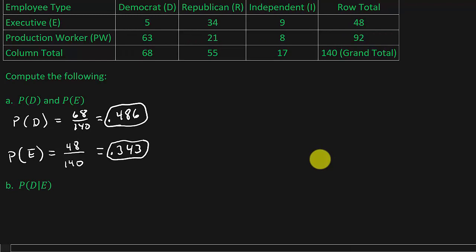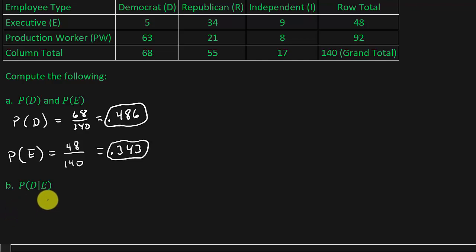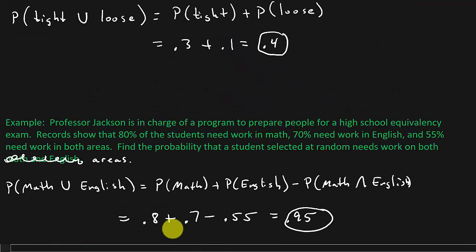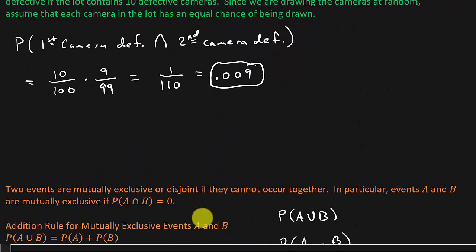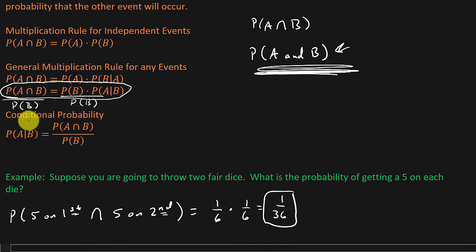Now let's look at part B, the probability of a Democrat given an executive. The best way to do this is to remember the conditional probability formula from earlier in the video. Just write it out.